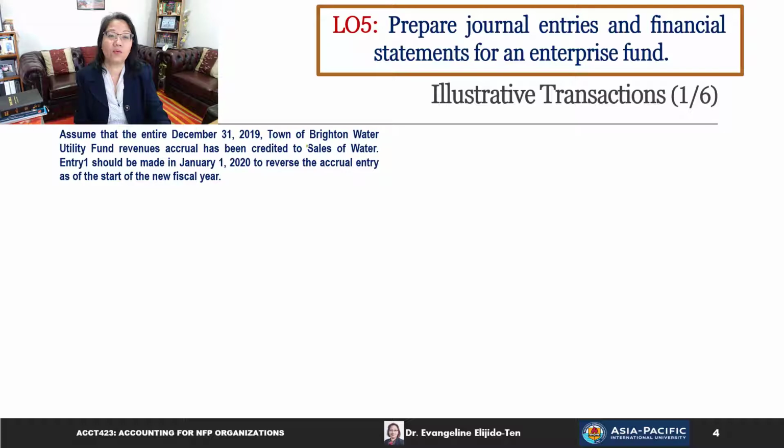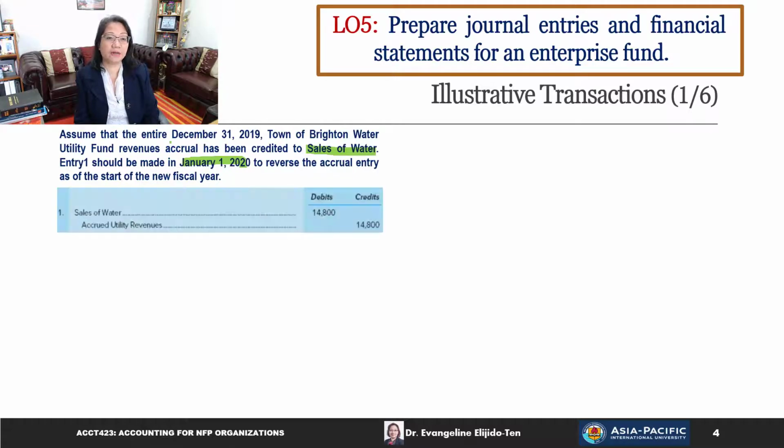That is the revenue account. Entry 1 would be made on the 1st of January 2020 to reverse the accrual entry made in the previous year. So the first entry would be to debit sales of water, 14,800, the figure is provided, and credit accrued utility revenues, 14,800.